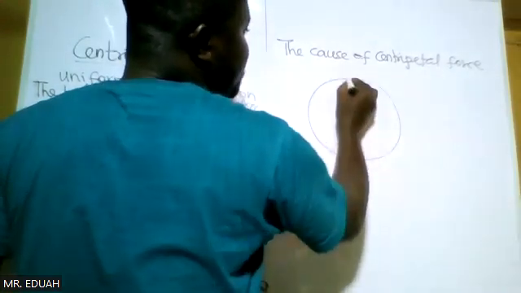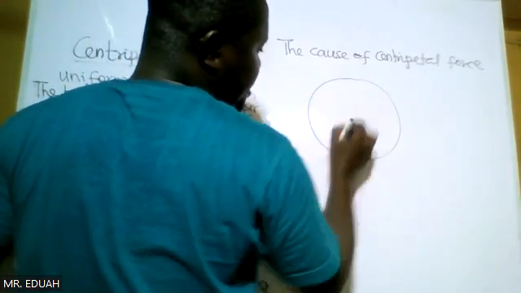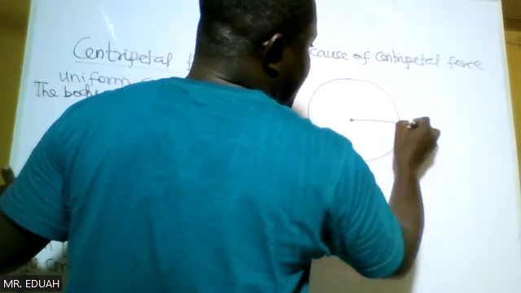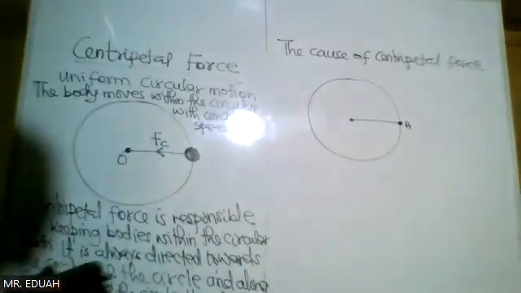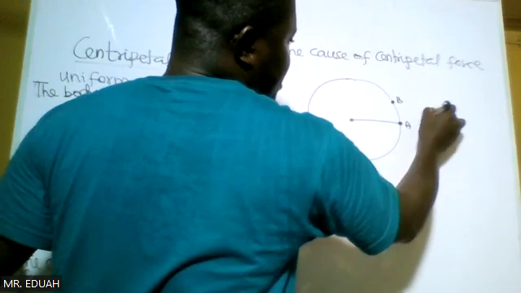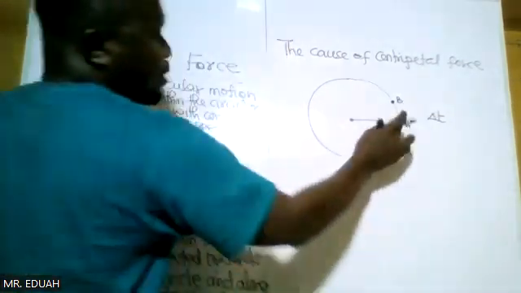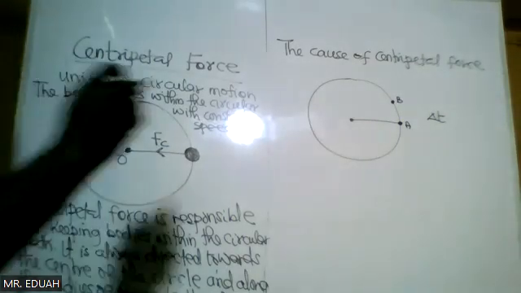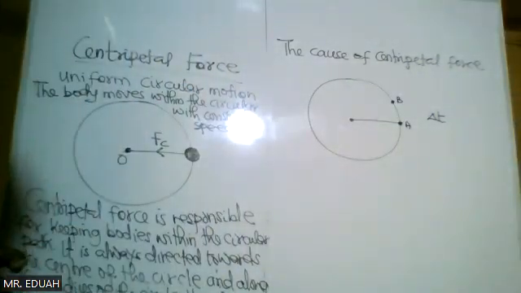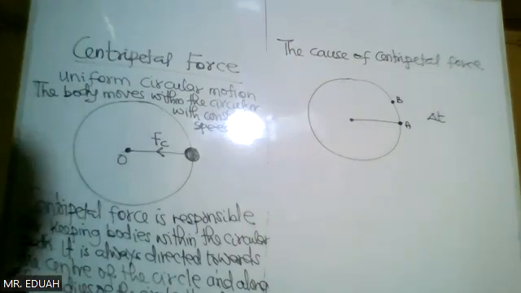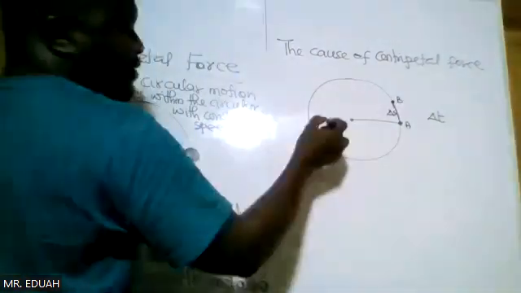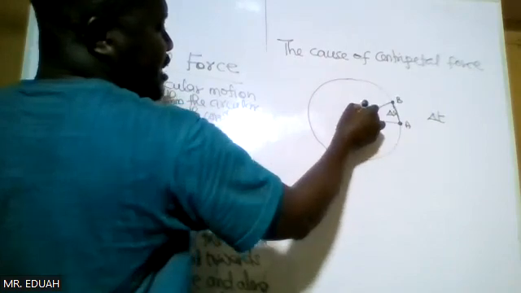Let's assume this body is in circular motion at a point A. The body starts from point A, and within a small time interval, delta T, the body has moved from A to B. We are only considering the body moving from point A to B. Don't forget, in every circular motion, the linear displacement delta S is directly proportional to the angular displacement at the center.